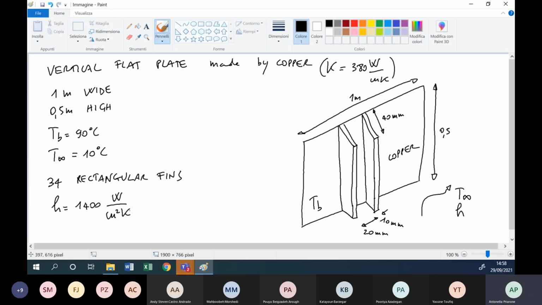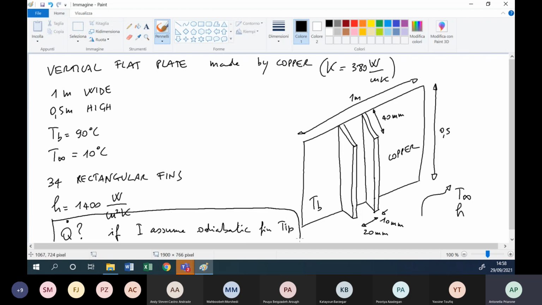And I have to evaluate the heat flux by doing an assumption. I do the assumption of adiabatic fin tip. So, which is the heat transfer rate if I assume adiabatic fin tip? This is what we have to evaluate.